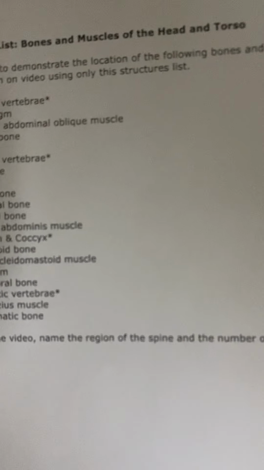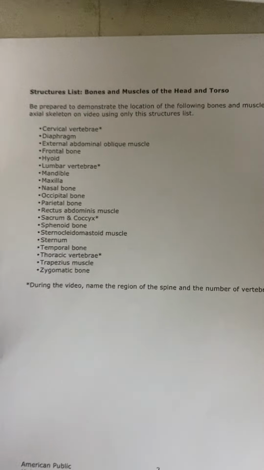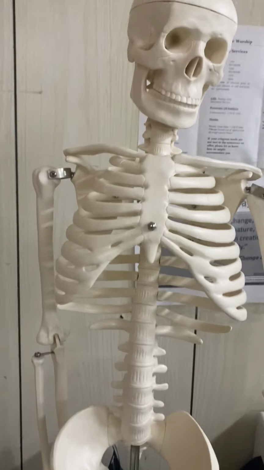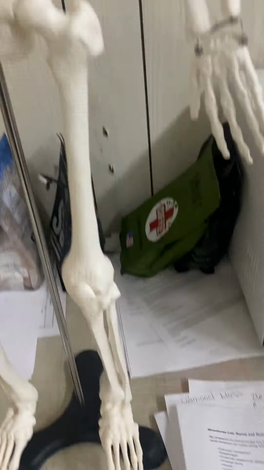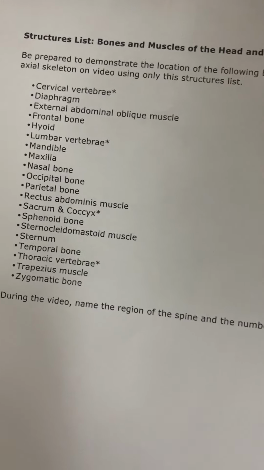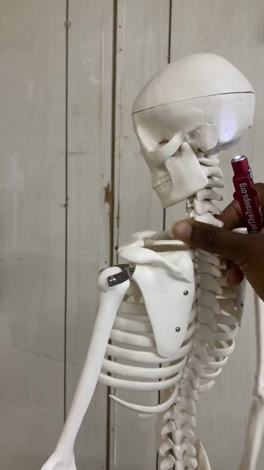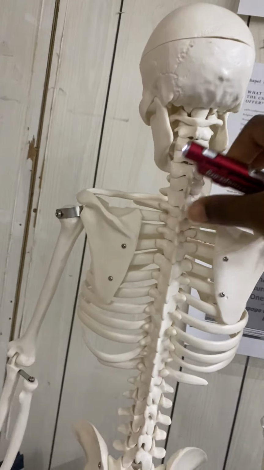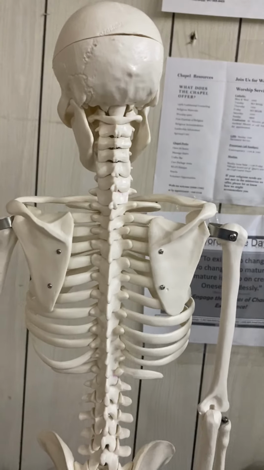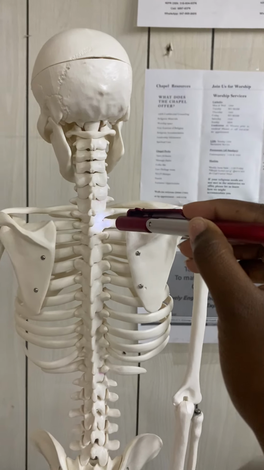The last one is the bones and muscles of the head and torso. And I'm going to use Skelly. The first one on my list is the cervical vertebrae. And it is C1 through 7, which makes it 7 vertebrae from here to here.